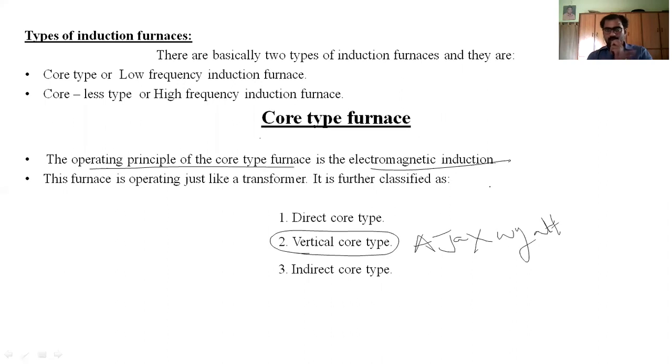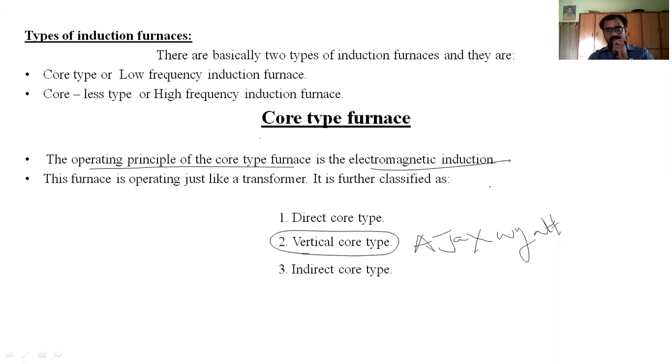But here we are not going to see any conduction, convection, and radiation. The complete transfer of heat is conducted by this principle only, that is electromagnetic induction.